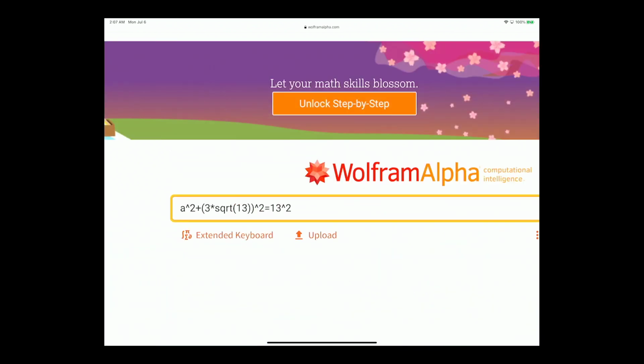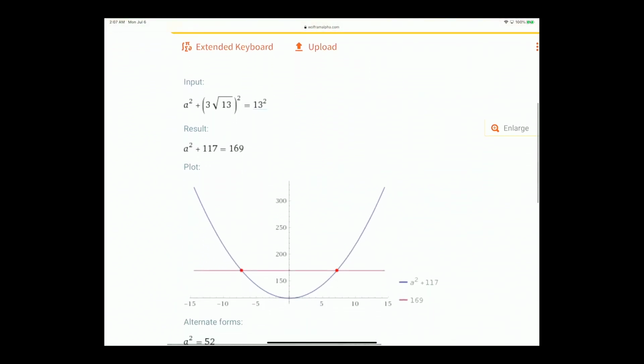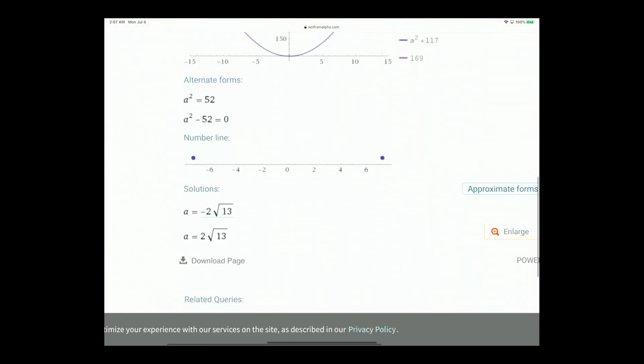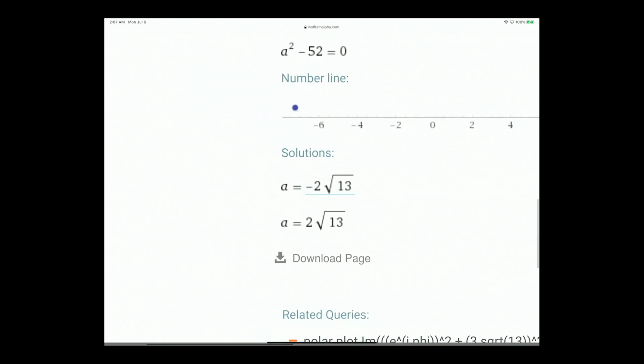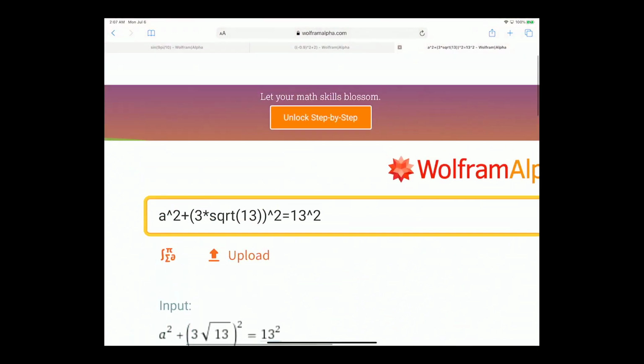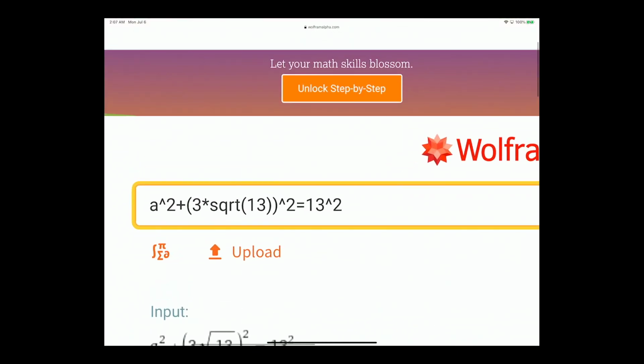And if I just hit enter, it'll probably just tell me what a is. Maybe. There we go. We get 2 answers, and one of them is 2 square root 13. So if you want to check your answers, you can just type it in to Wolfram Alpha or something like that and get the answer.